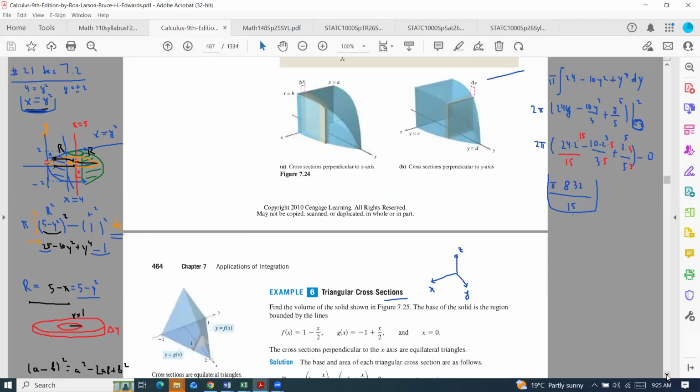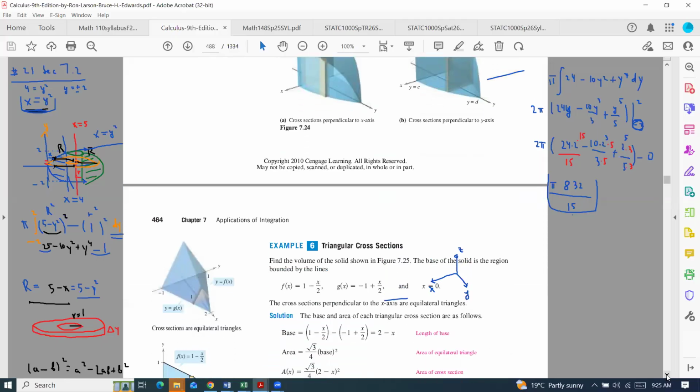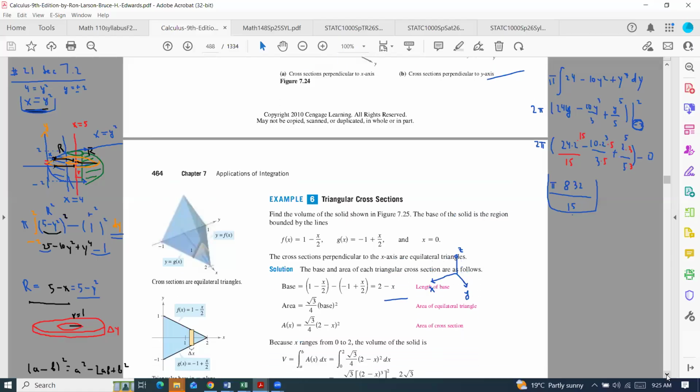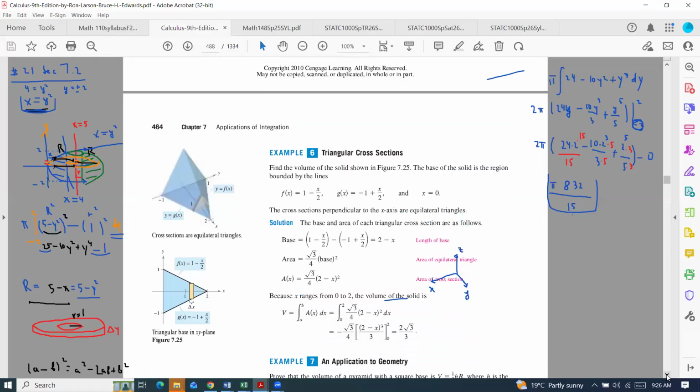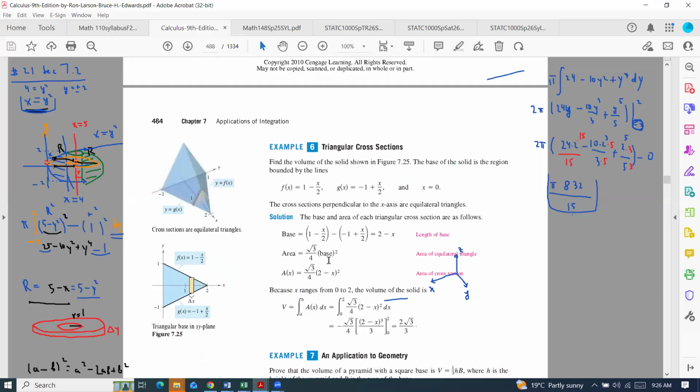I don't want to spend much time on this. It's not very popular, but it is interesting, right? So you see there are lots of various figures that you can now find volumes of using cross sections. So they've given us the slicing along the x-axis. So now it'd be along the x-axis. That's why it's integration dx.